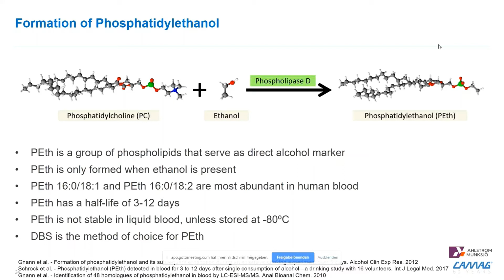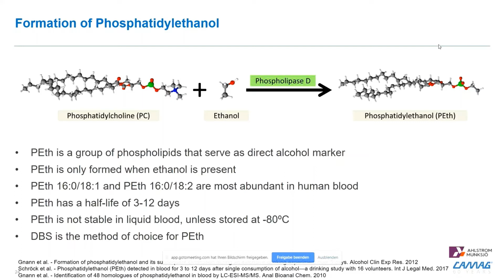However, if ethanol is present, ethanol acts as a very good nucleophile within the enzyme and causes the formation of phosphatidylethanol. As already mentioned, PEth itself is a group of phospholipids and not just a single molecule.